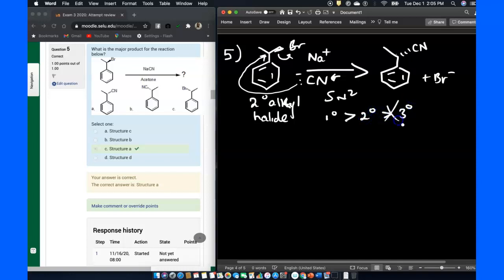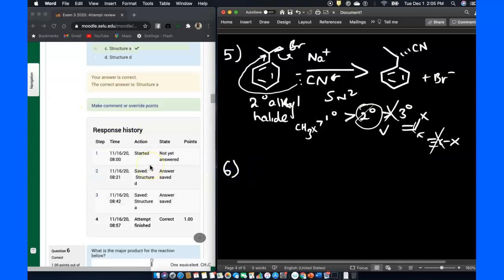The tertiary never does it, and a halogen on an sp2 carbon will never do SN2. A halogen on an sp carbon will never do SN2. The best is the least hindered, which is methyl halide. So secondary alkyl halide is possible to do SN2. The answer is A for question 5.